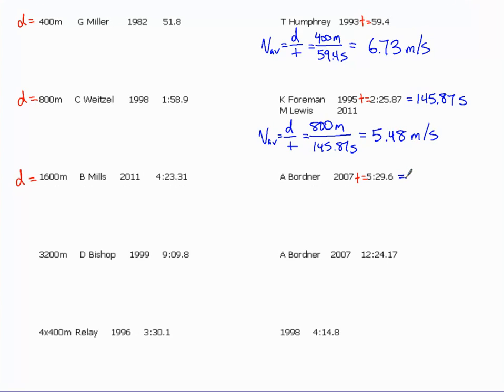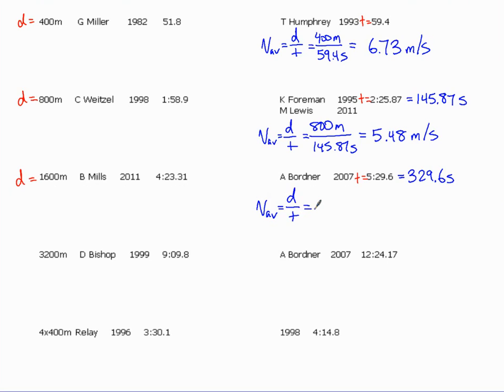First thing we need to do is convert it. Seconds, 5 times 60, there's 300. Add in 29 more. I think most of you are capable of doing this in your head, but I know you're doing this in your calculator anyway. Try to practice just using your mental math. You'll see a lot of improvement in your math skills.